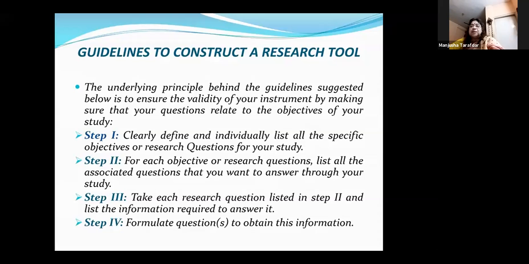For each objective or research question, list all the associated questions that you want to answer through your study. Step 3 is to take each research question listed in step 2 and list the information required to answer it. And the fourth step is to formulate questions to obtain this information.